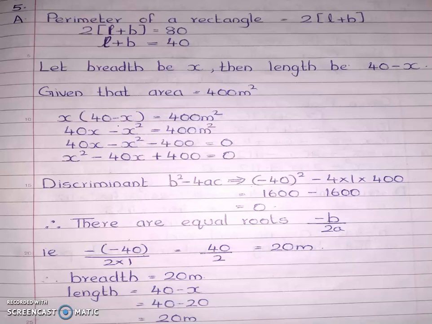That is x into 40 minus x is 400 meters square. Expanding, you will get x square minus 40x plus 400 equal to 0. Discriminant is 0. So the breadth will be 20 and length will be 20 meter.